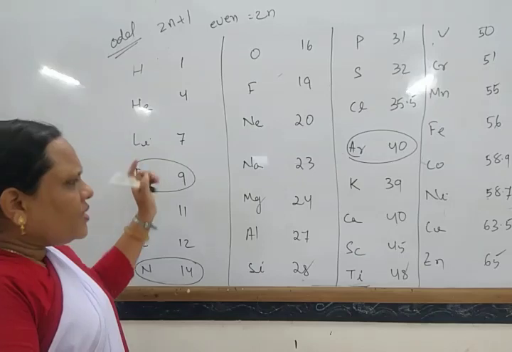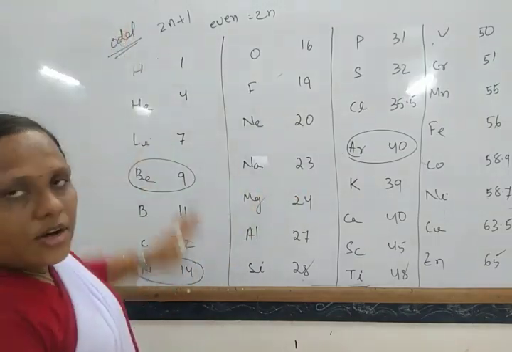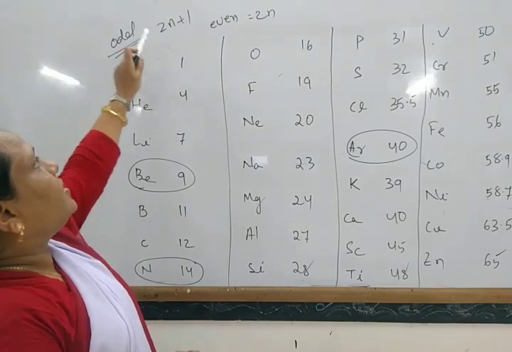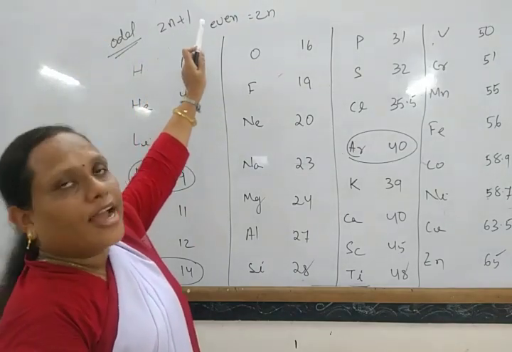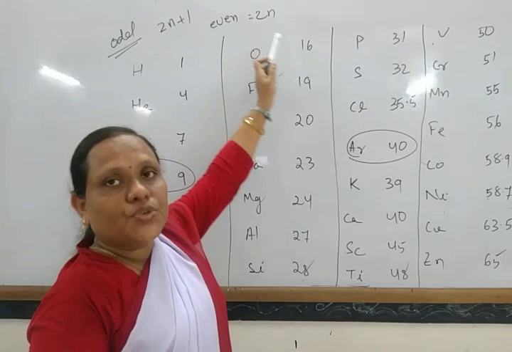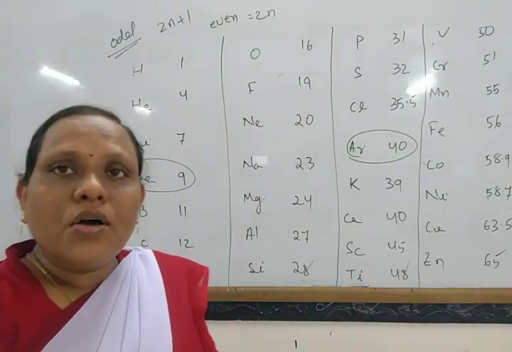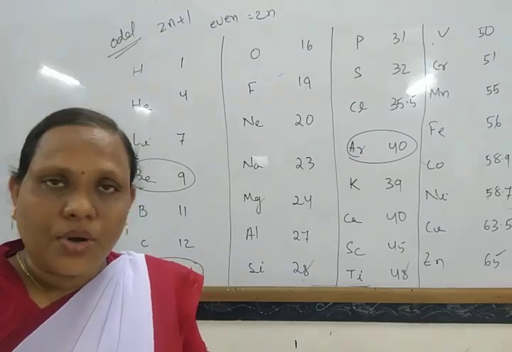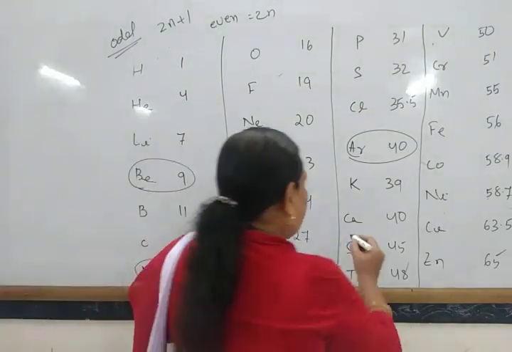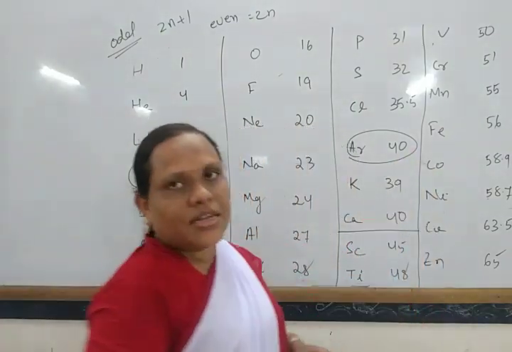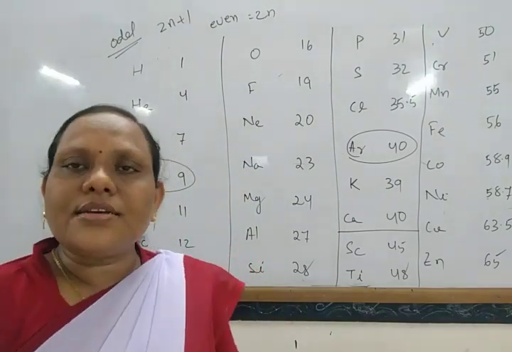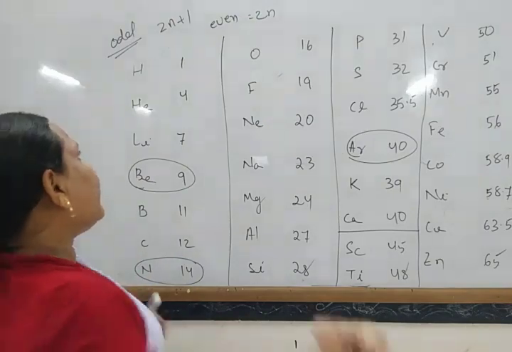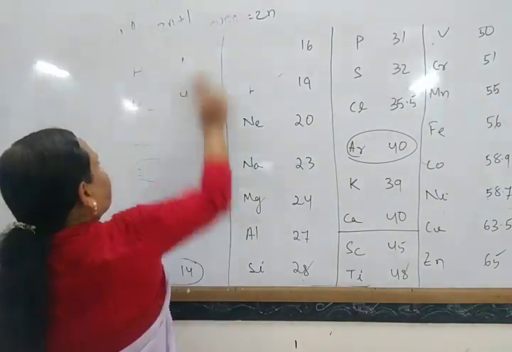So with some exceptions, in all other cases it follows the rule: for odd numbers 2n plus 1, and for even numbers 2n. In this way you can find the atomic mass of an element up to atomic number 20. From 20 onward, it changes, for different reasons. We'll discuss that later.